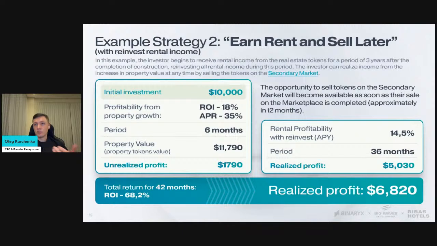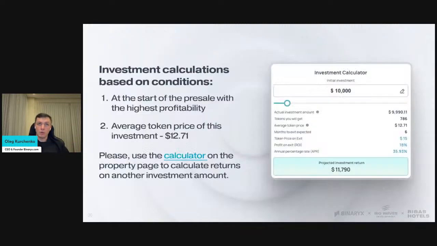In the next 42 months, you can get up to 68% profitability if you receive income from the property rent and then sell your tokens when the price for them grows.